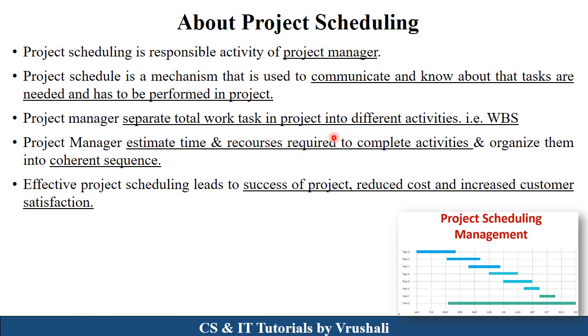For example, as in the software development lifecycle, the project manager divides your project into different activities like requirement gathering, designing, development, testing, and in this way. After that, the project manager provides time and resources to each and every activity. They provide the start and end date of each activity. So basically this is called project scheduling.